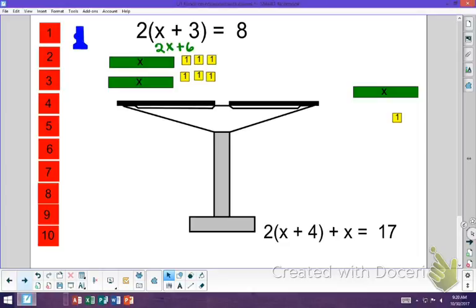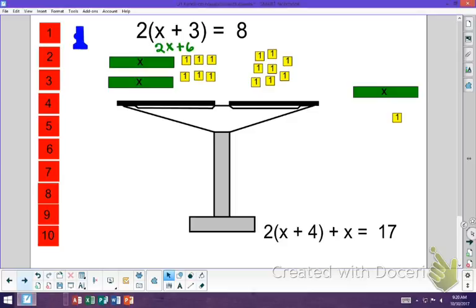So on the right-hand side, we're going to have 8. So now I have 2 sets of x plus 3 equals 8. And again, when we look at this, we remember that we have the legal move where we can take away.